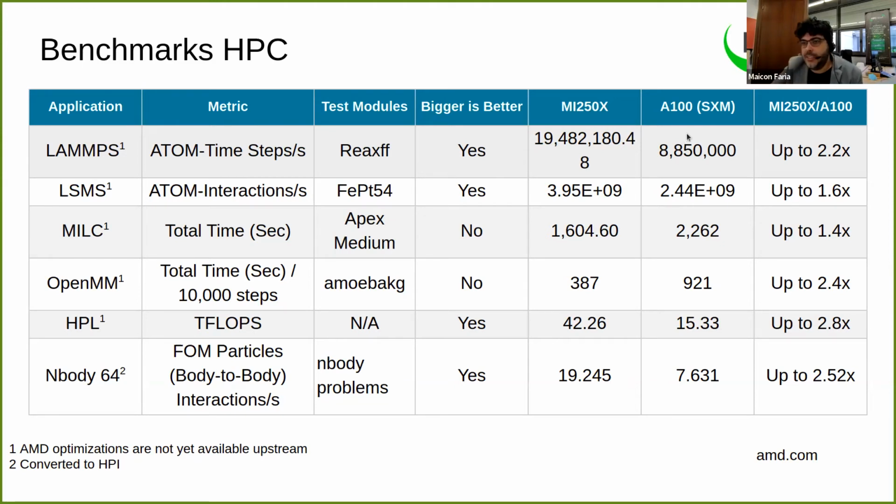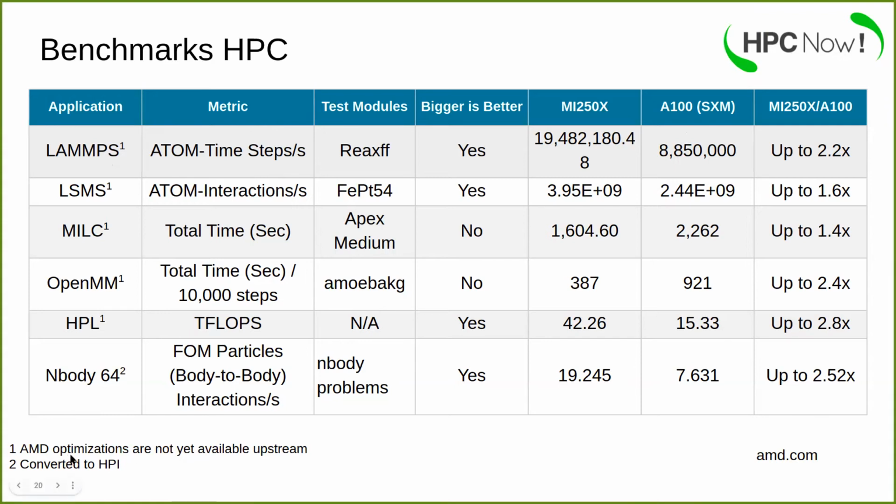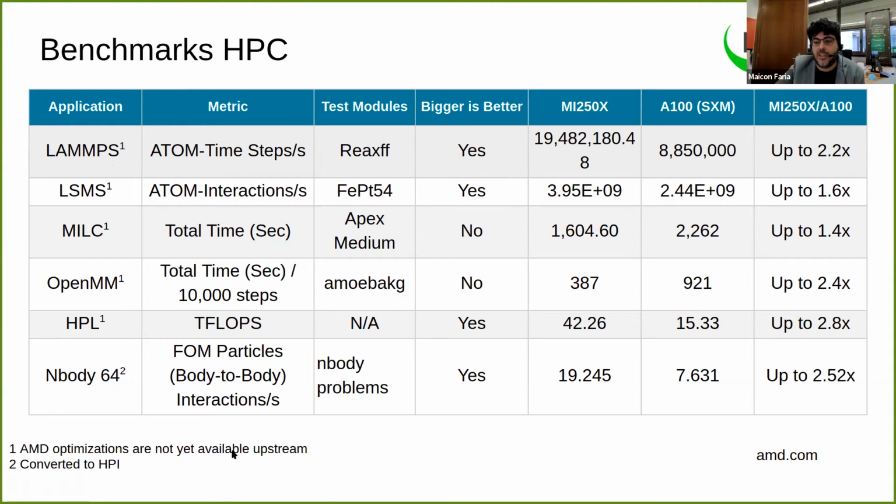The software used there is using conversions and optimizations that are not available upstream yet. So most of the time you have some Git branch that has the AMD changes. Most of the time it's conversion of code between CUDA and HIP.